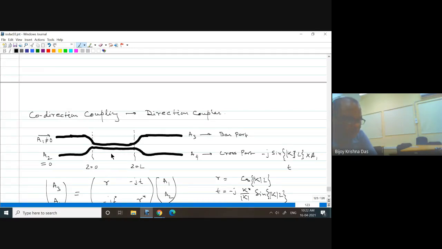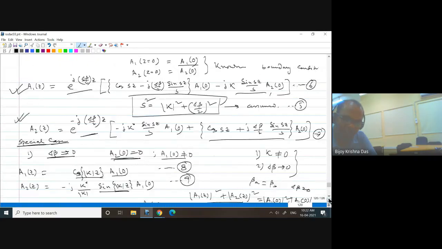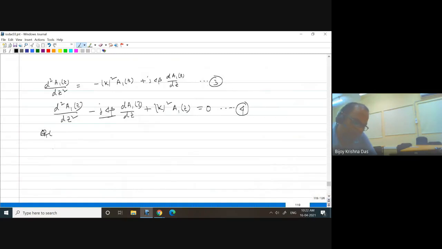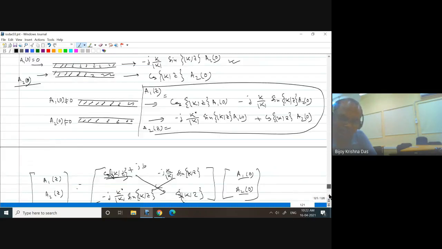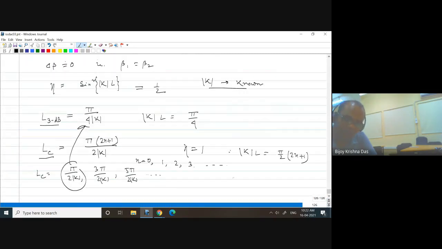So if you control the gap, keeping the length fixed, suppose for a certain gap between the two waveguides you could calculate L3dB.